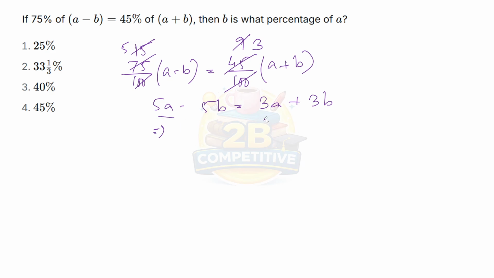So 2A is 8B. So saying B is what percentage of A? So B is A by 4 into 100, that is 25%.